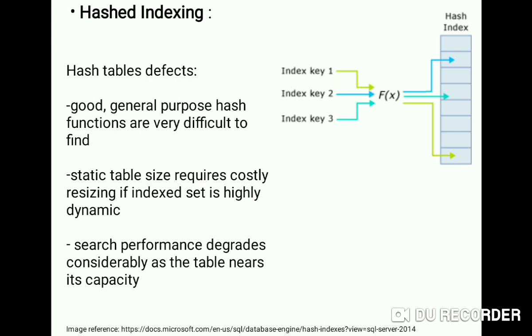Static table size requires costly resizing if the indexed set is highly dynamic. Third is what? Search performance degrades considerably as the table nears its capacity. So these are some defects of the hash table. So you are already aware about what is hash table. So it is similar to it.